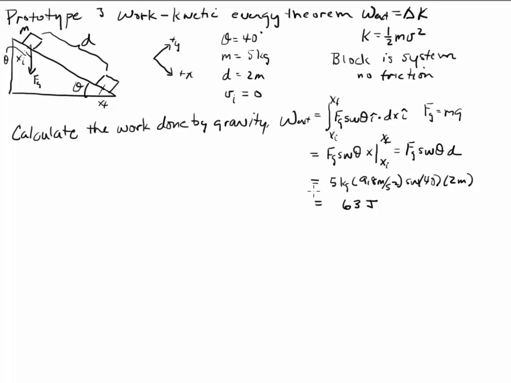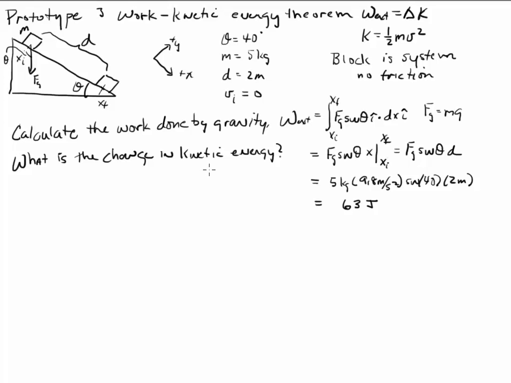We go ahead and integrate it, and we get the term between the limits of xi and xf, and we get Fg sine theta d. Note that this is the component in the direction of the displacement d. So, all right.